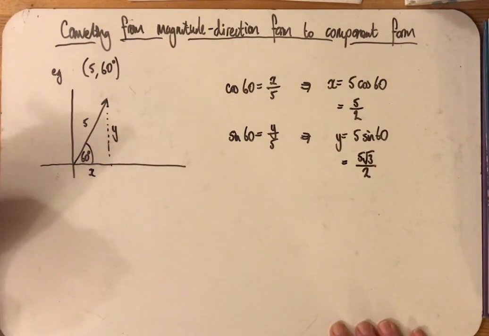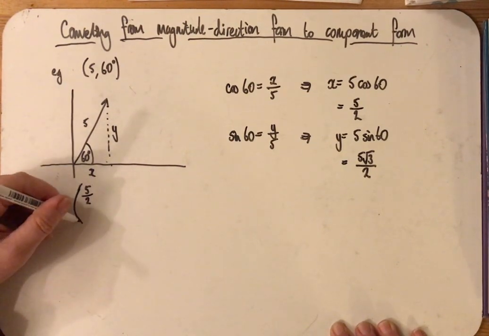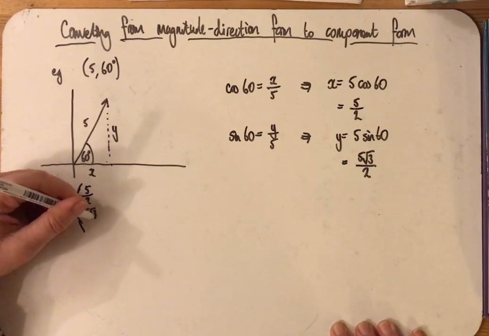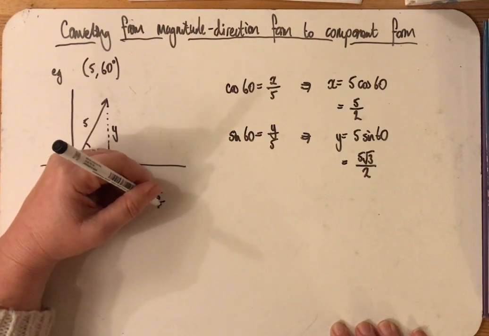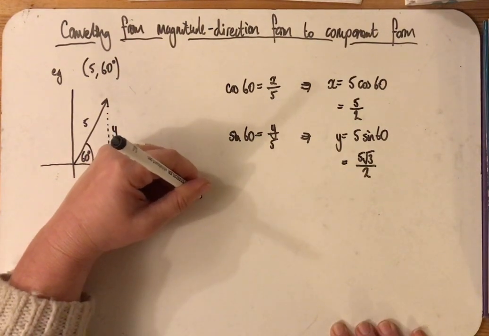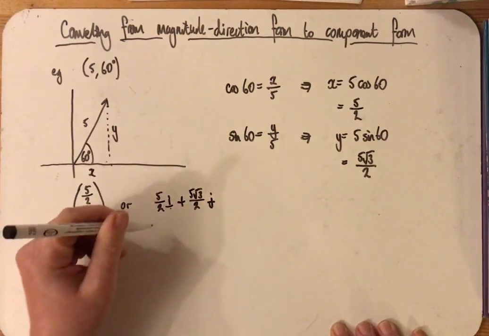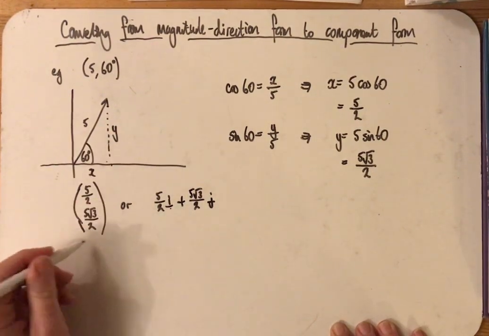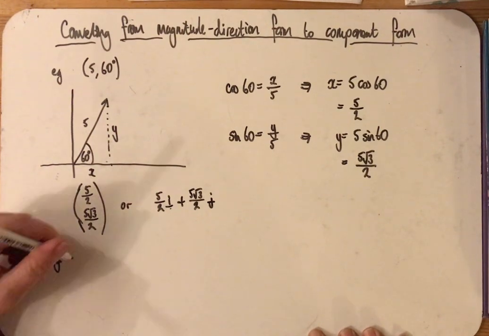So in component form, this vector is 5 over 2, 5 root 3 over 2, or you could write that as 5 over 2 i plus 5 root 3 over 2 j. Vectors should always be underlined, that's why I'm underlining these little unit vectors. So they're the same.